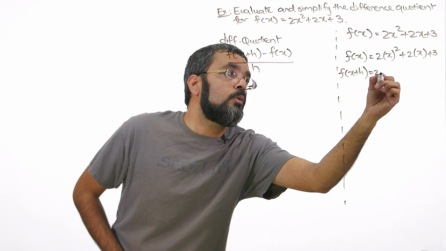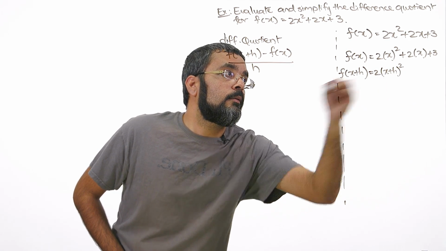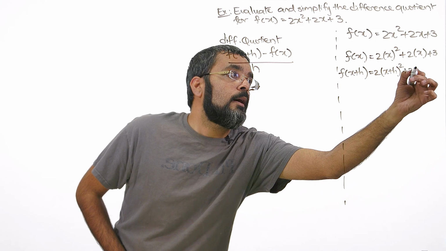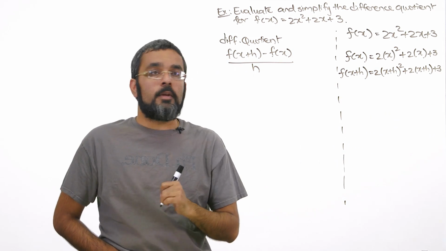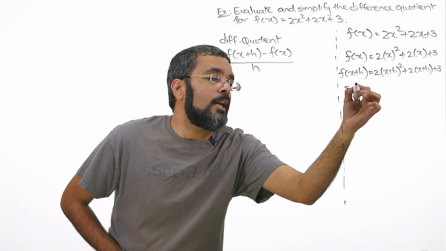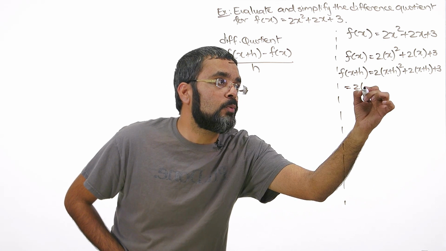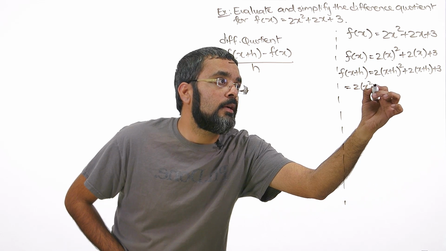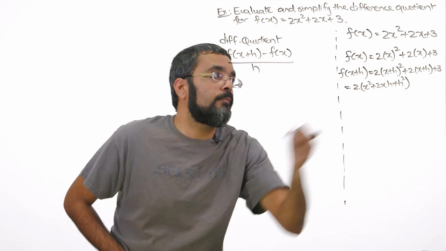So this is going to be 2. This x gets replaced by x plus h squared. This gets replaced by x plus h plus 3. Okay, let's go ahead and simplify that. So that'll become 2 times, if you go ahead and simplify x plus h squared, you get x squared plus 2xh plus h squared.